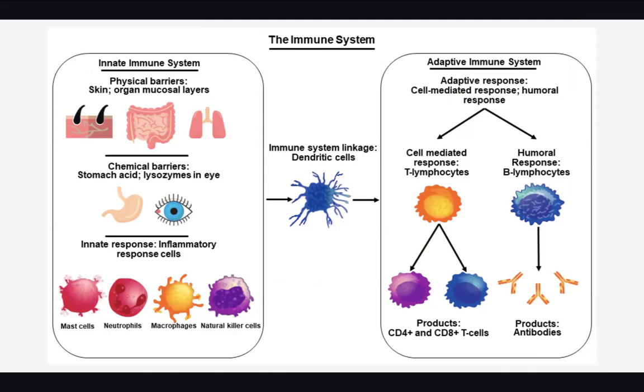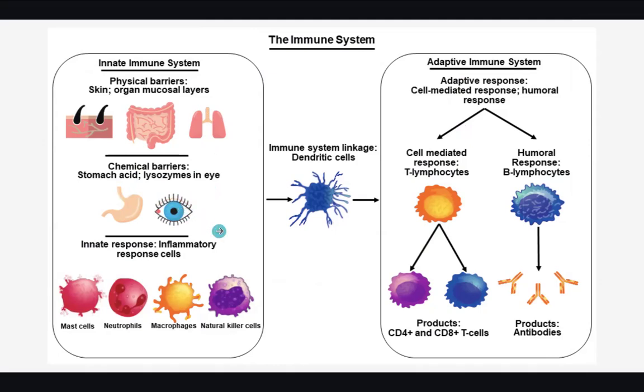Okay, and then we also have chemical barriers like the acids that are produced in our stomach, and then of course the lysozymes that are produced in our lacrimal gland, in our eyes specifically.